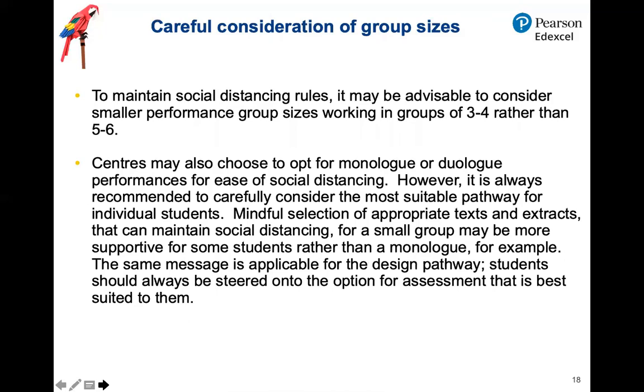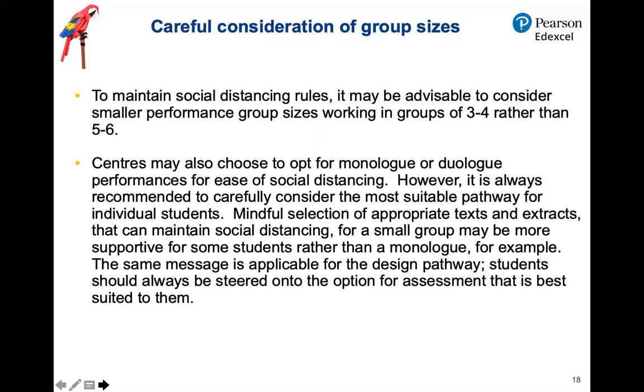To maintain social distancing rules this year, it might be advisable to consider smaller performance working group sizes, groups of 3 and 4 maybe rather than 5 or 6. Or you may also opt to choose monologues or duologue performances for ease of social distancing. However, it's really recommended to carefully consider: is this the most suitable pathway for all of your students individually?